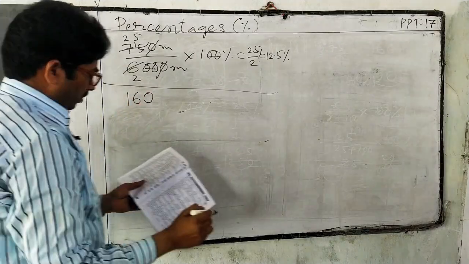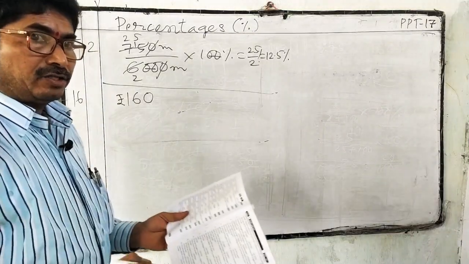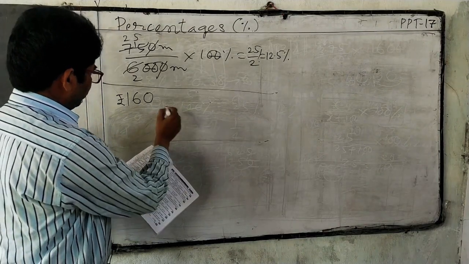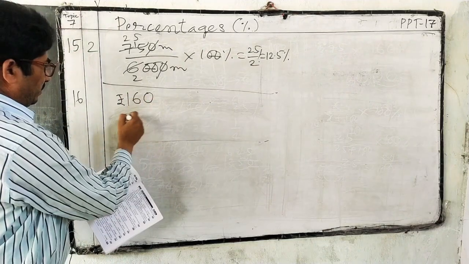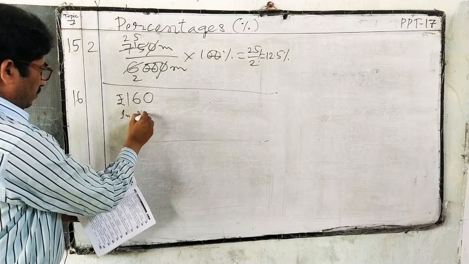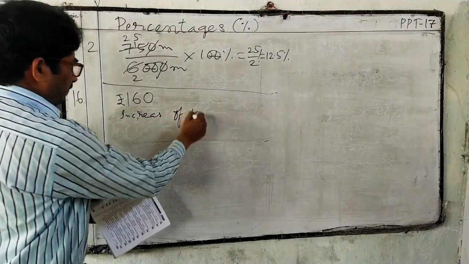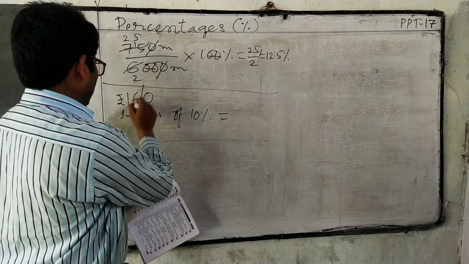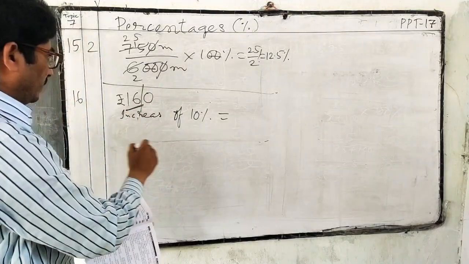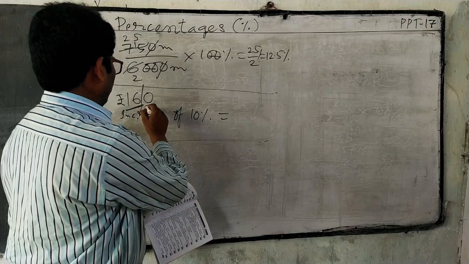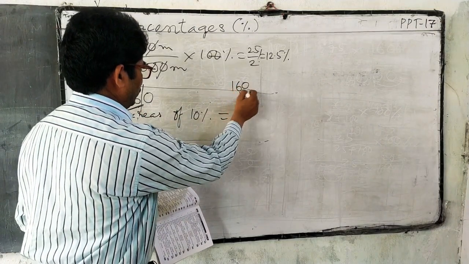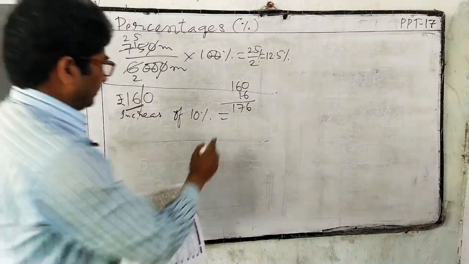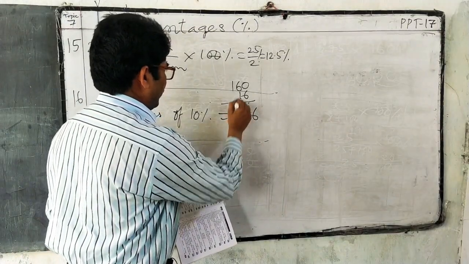An increase of 10% of 160 is ₹16. So 160 plus 16 is 176, a 10% increase.